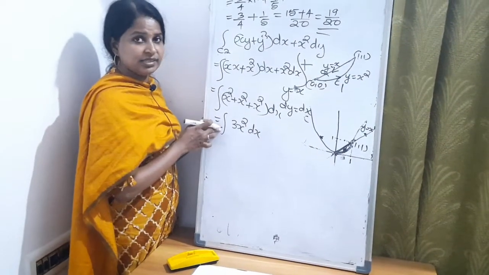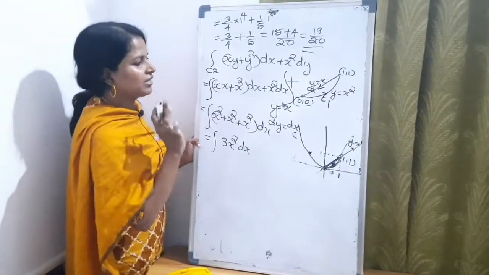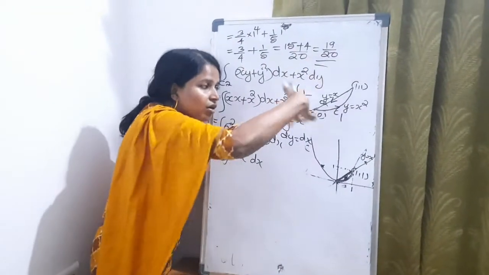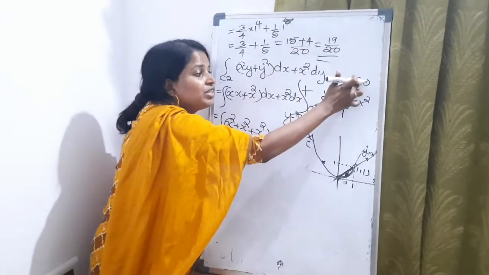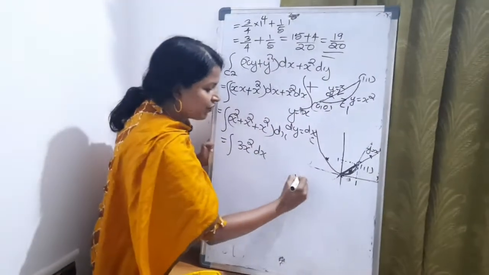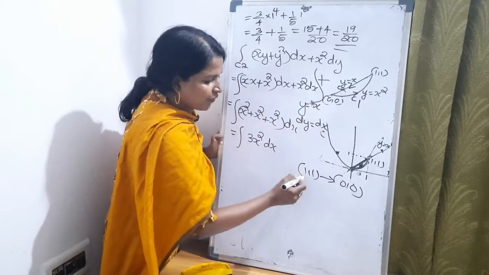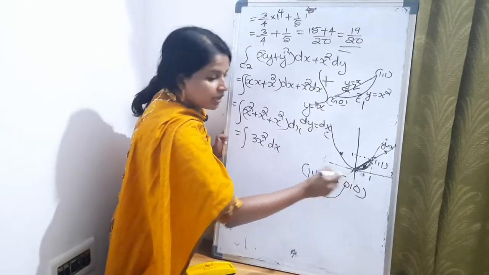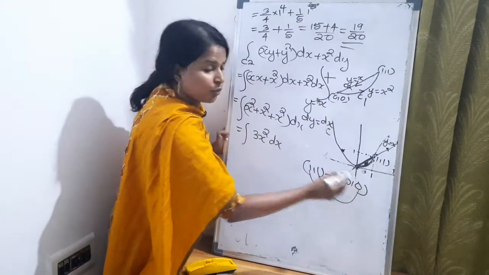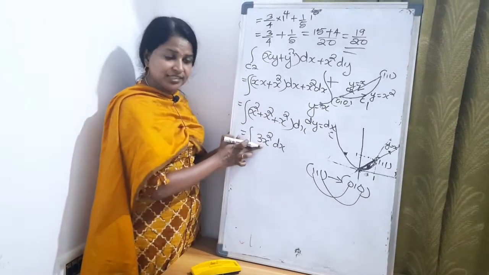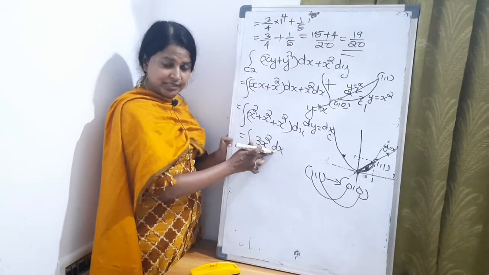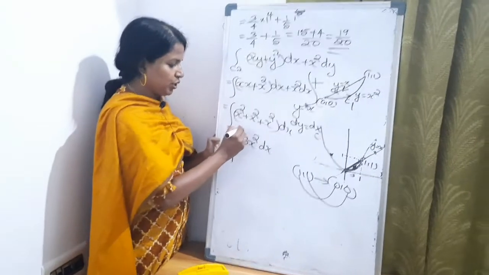Here, what is the limit? Listen, here the direction is anti-clockwise, so (1, 1) to (0, 0). That is, the limit of x is 1 to 0, and the limit of y is 1 to 0. Since we integrate with respect to x, the limit is 1 to 0.